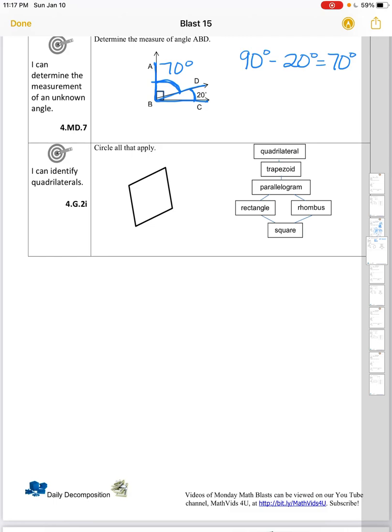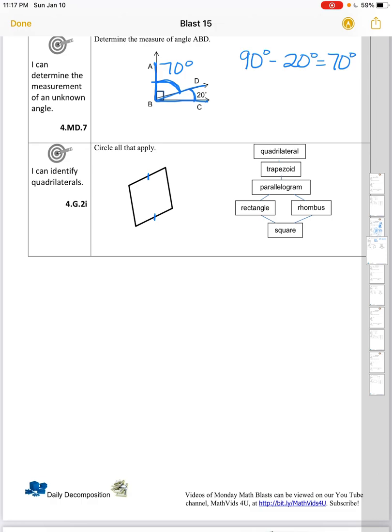I can identify quadrilaterals. Circle all that apply. A quadrilateral is a four-sided polygon. A trapezoid is a quadrilateral that has at least one pair of parallel sides. So I know here's the at least one pair of parallel sides. They would never touch no matter how far extended.